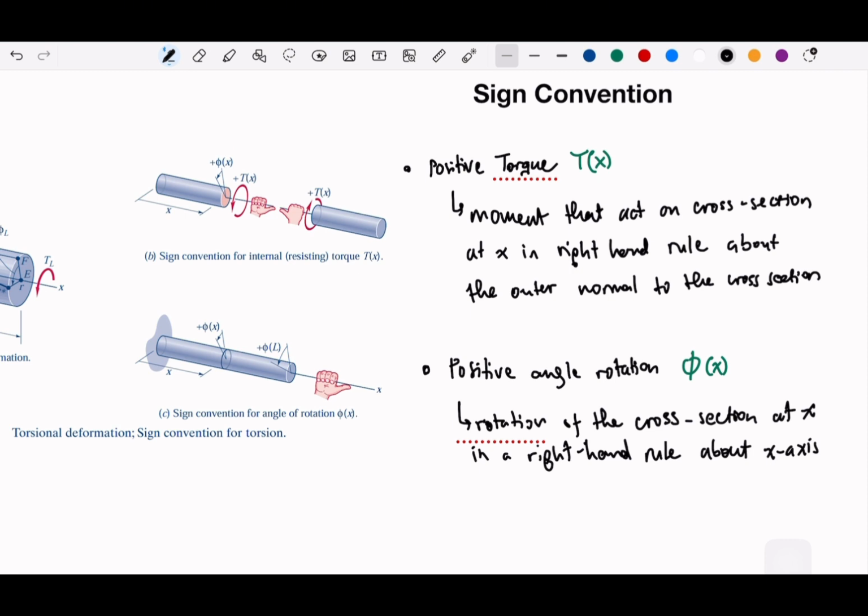Compared with chapter 3, the axial, we can imagine it's extended or maybe reduced. But here it's rotated, so it's not easy to draw. Sometimes the angle will be really small, and then we need to imagine how it will be rotated. So that will be difficult to see.